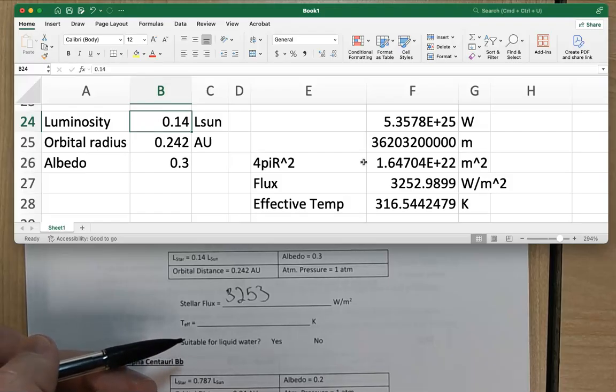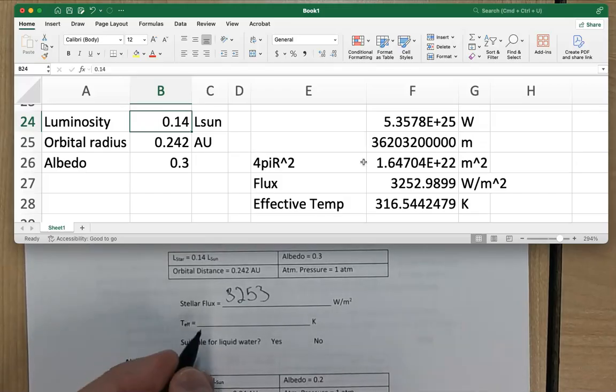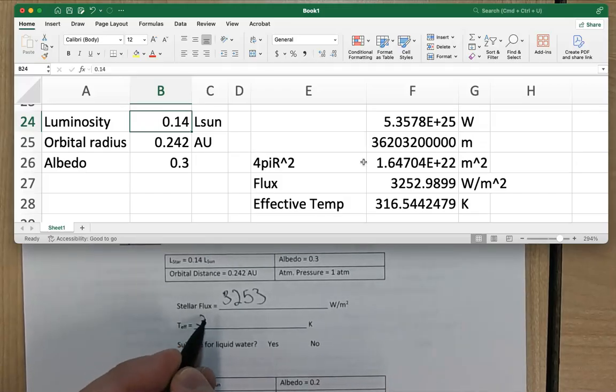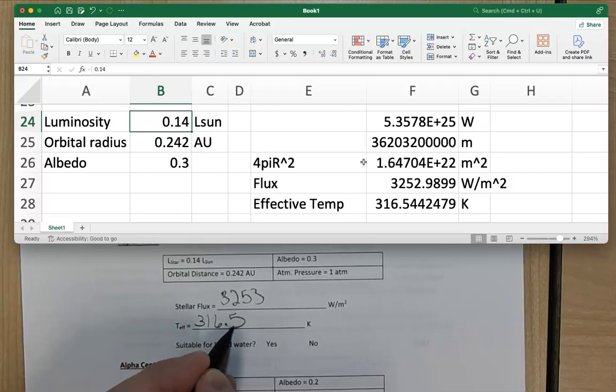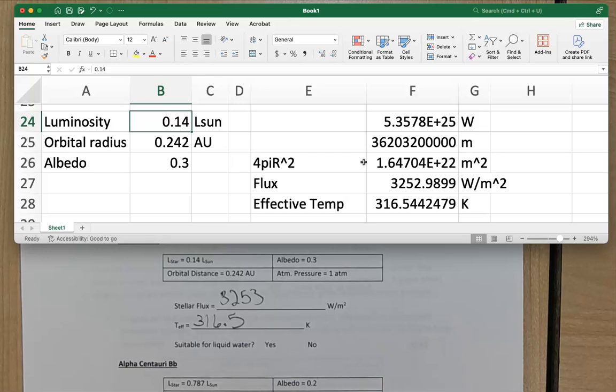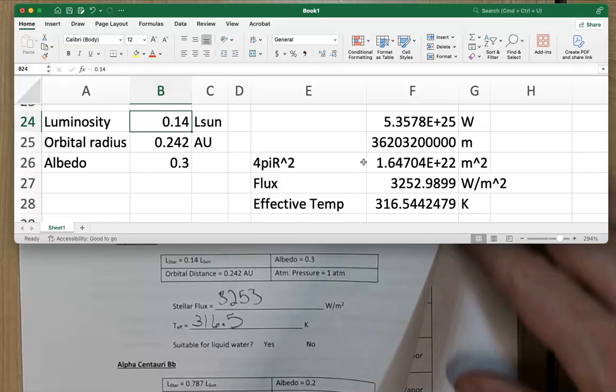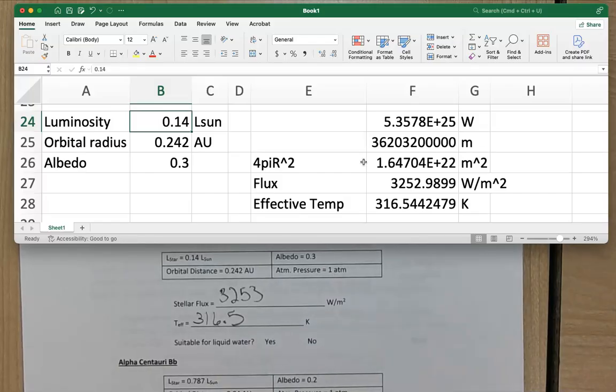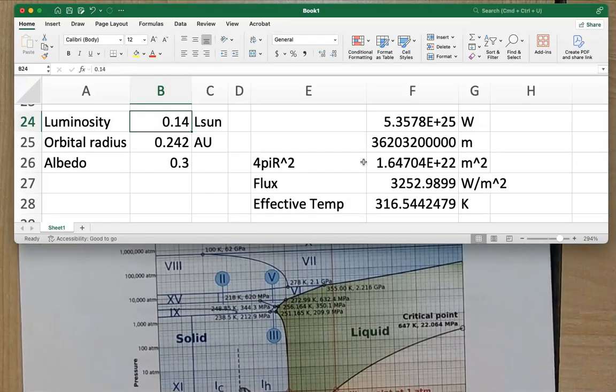With an albedo of 0.3, we have an effective temperature of 316.5 Kelvin, which is, like I said, room temperature on Earth is about 300 Kelvin. So 316 is a little warmer than Earth.